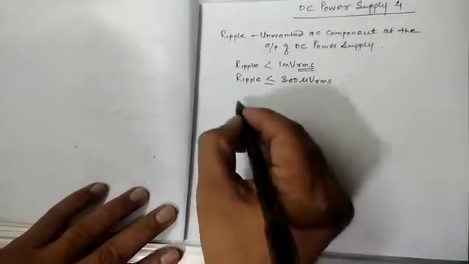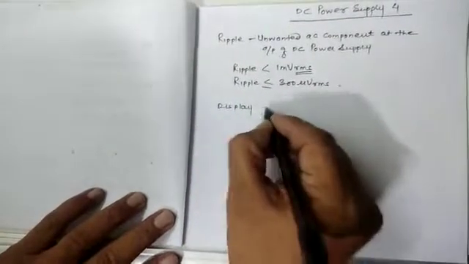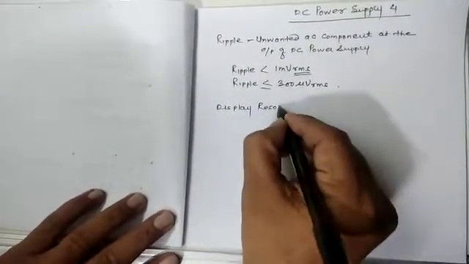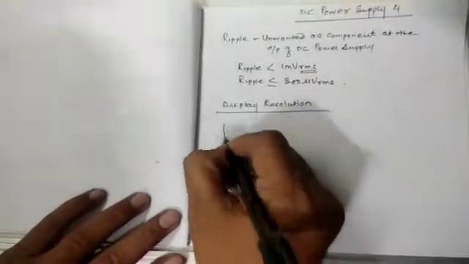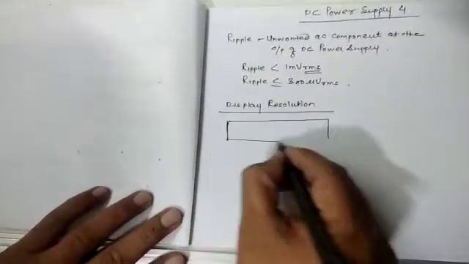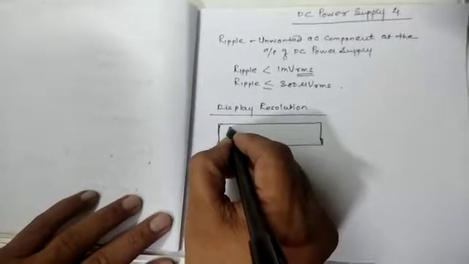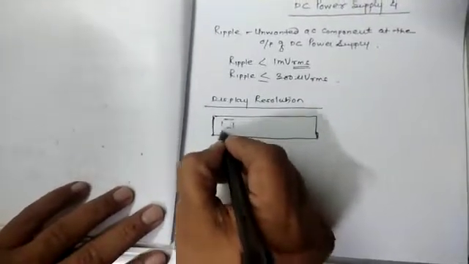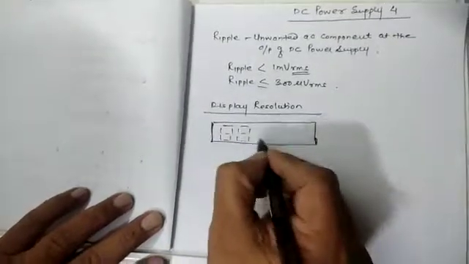Let's now come to the next, which is the display resolution. These days we usually have either a TFT display, an LCD display, or a 7-segment display showing the voltage set at the output of the power supply.